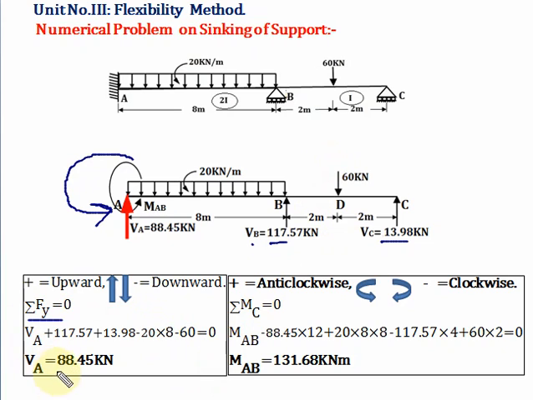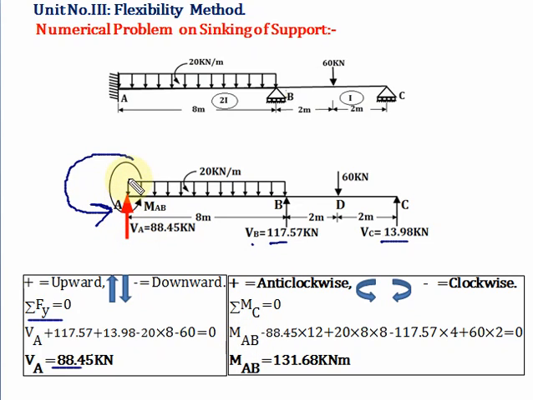By solving this, we get the value of VA as 88.45. Now we have to find the moment in member AB. For that, we'll take the moment at C equal to 0, considering anti-clockwise as positive and clockwise as negative. So MAB is acting in anti-clockwise direction, so plus.